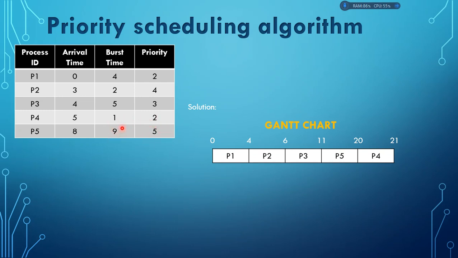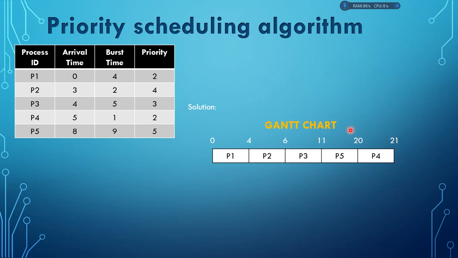P5 will be processed with the burst time of 9. After 9 milliseconds, a total of 20 milliseconds, it will go back to P4 because there are no other processes left. P4 has the burst time of 1 millisecond and will be completed at 21 milliseconds.